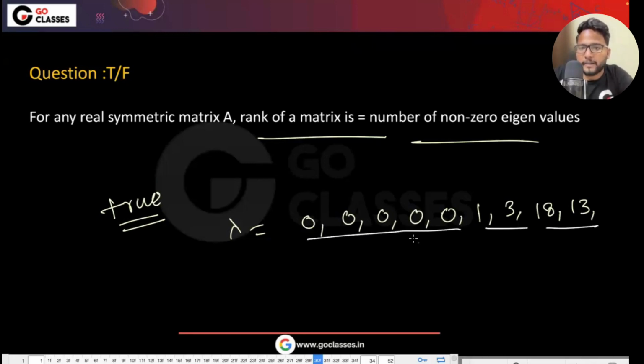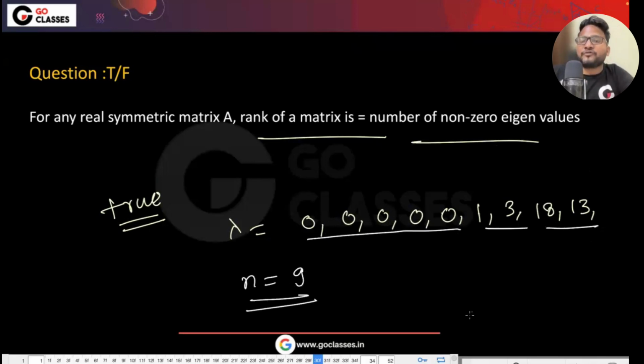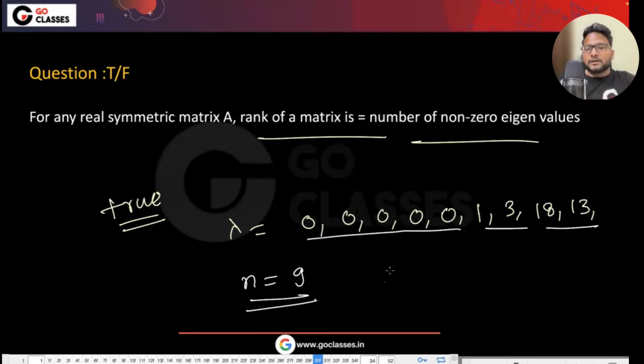So dimension of the matrix is 9. How many total numbers are there? 9. Out of those, how many are free? Every lambda equal to 0 will tell you free columns. So 5 are free. So rank is the pivot columns, which are 4.